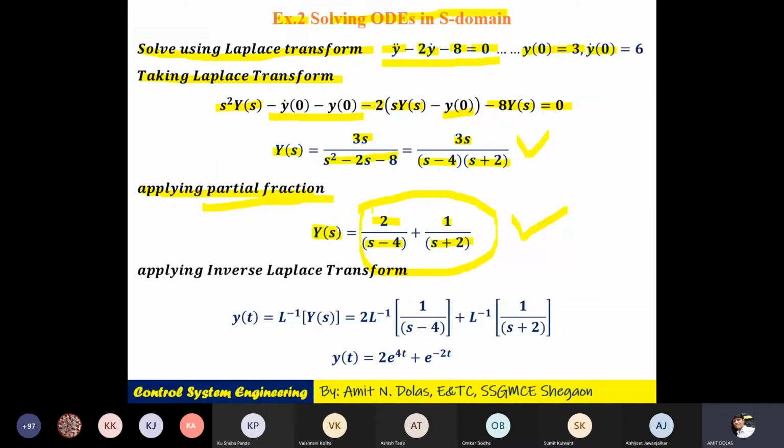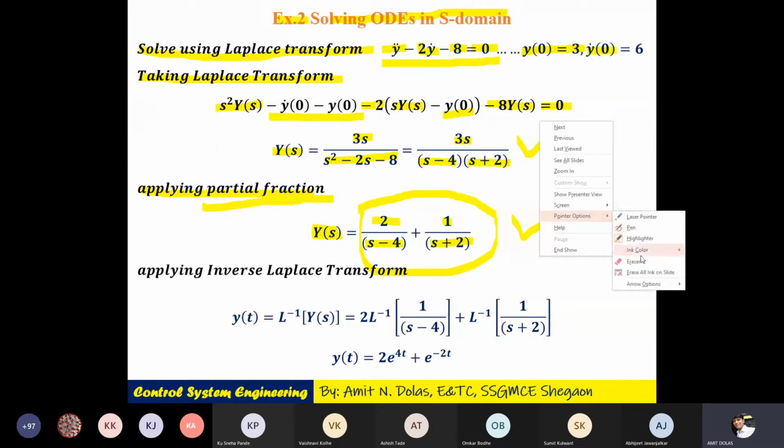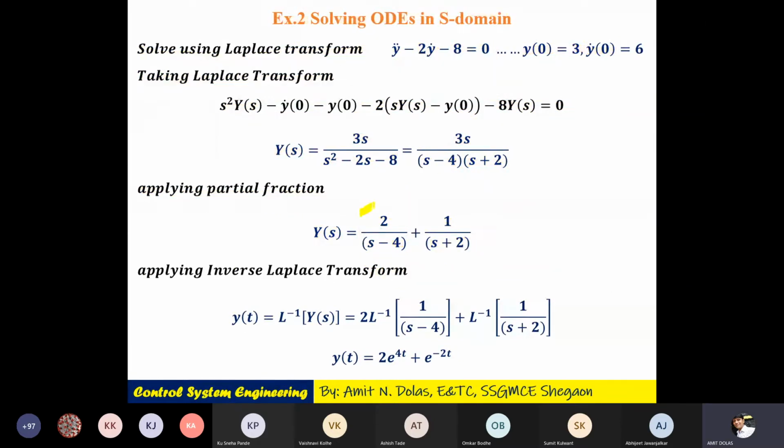Here, I'll erase the ink for simplicity again. This function 2 by (s minus 4) and another function 1 by (s plus 2) can be easily converted into the time domain now. That's why this s domain is converted into the time domain by applying the inverse Laplace transform.